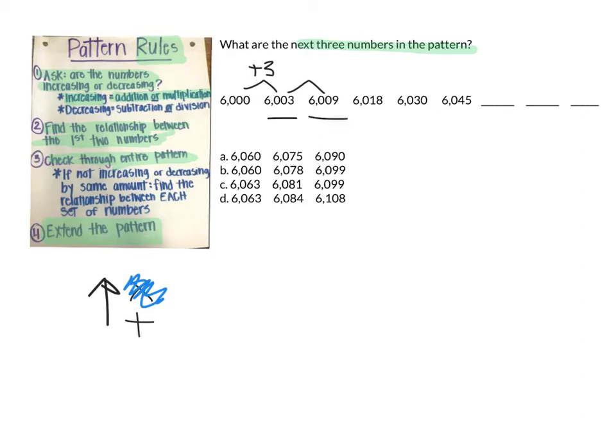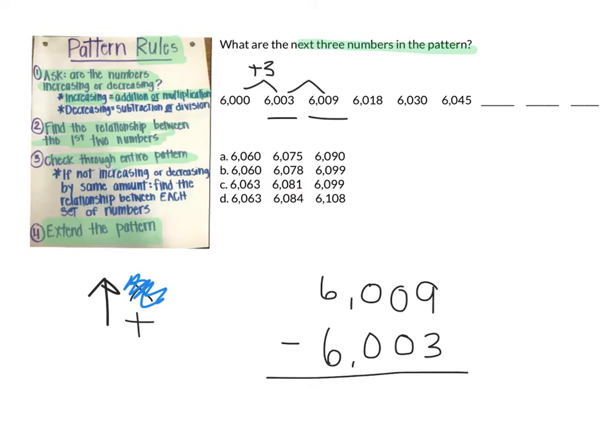A trick that I like to use is just to find the difference. So we can take 6,009 minus 6,003. Find the difference. 9 minus 3 is 6.